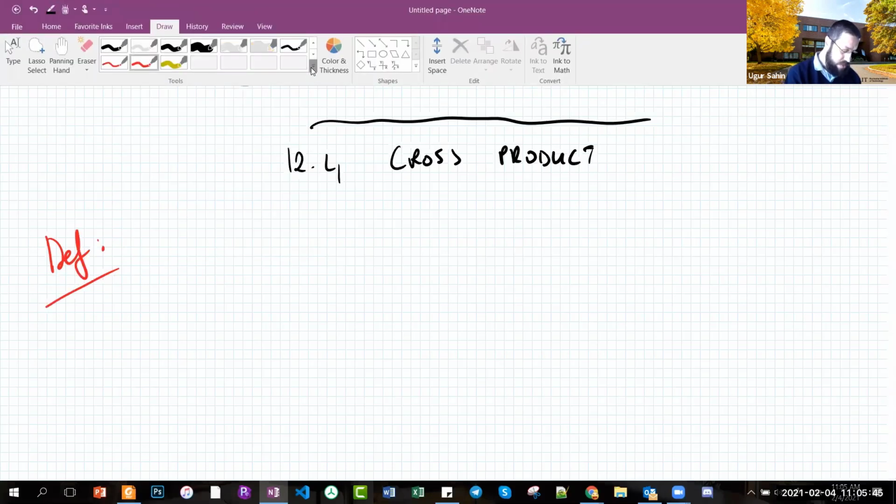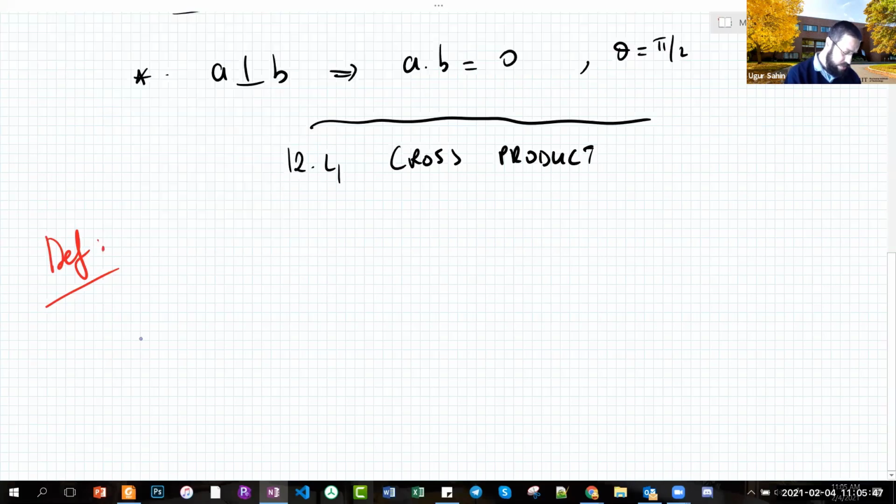First of all, when we say the cross product, I have two different vectors. Let me take this one, V, and then U. And then I have an angle between them.